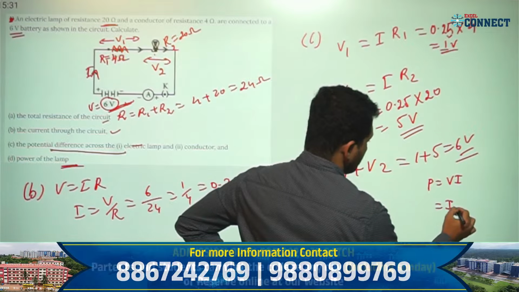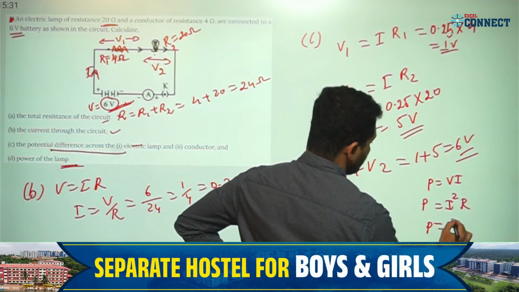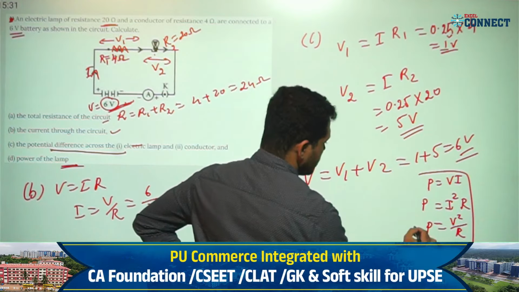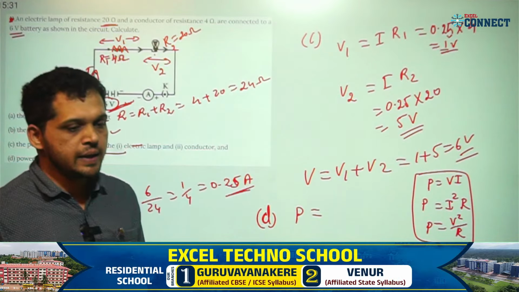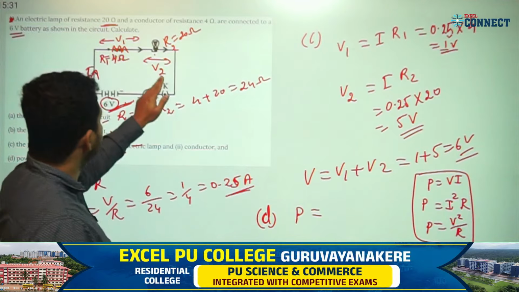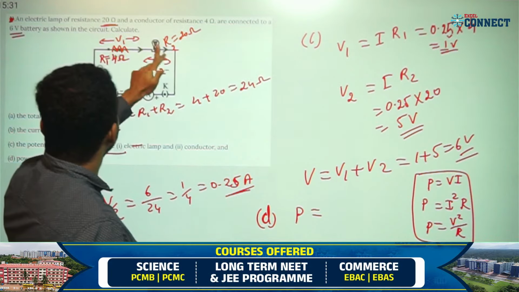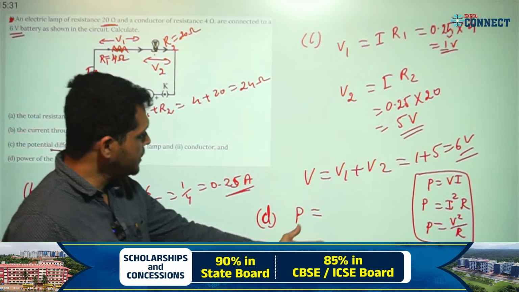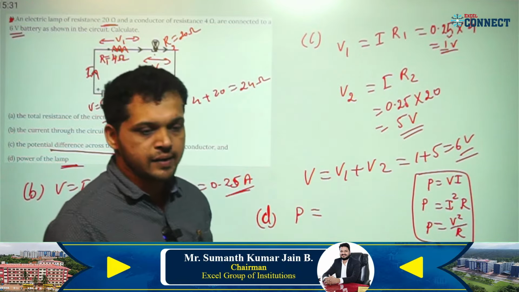Another equation is I square into R, or P equal to V square by R. All data is given here. Voltage we calculated, resistance we have, and current through this bulb also we have. So any of these three equations we can use. In all equations we get the same answer.